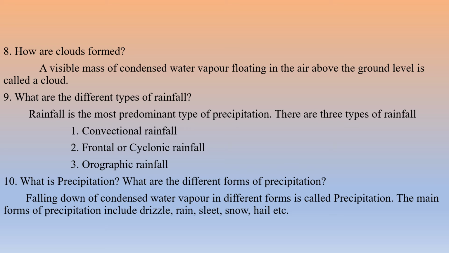But we experience different types of rainfall, and each has been given a different name according to the water vapor developed in the atmosphere. What are they, children? What are the different types? Drizzle, rain, sleet, snow, hail, etc.